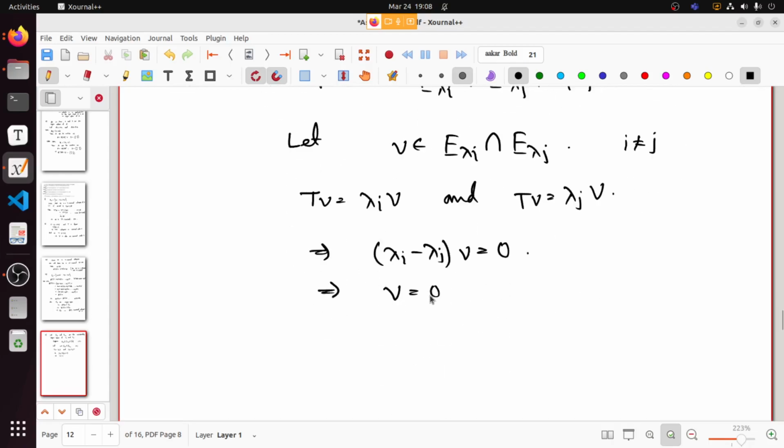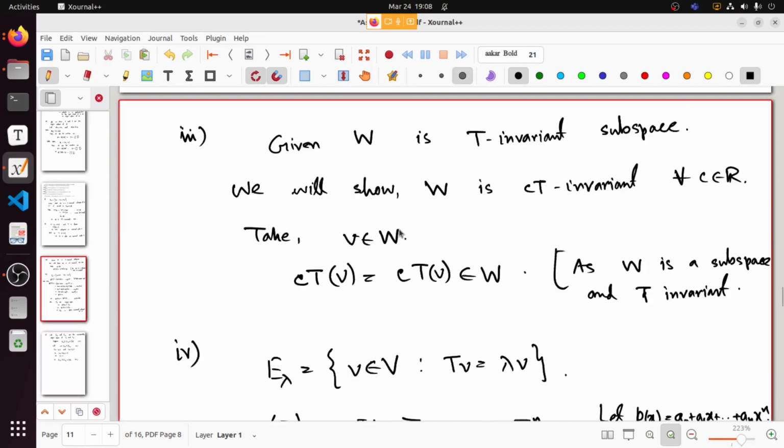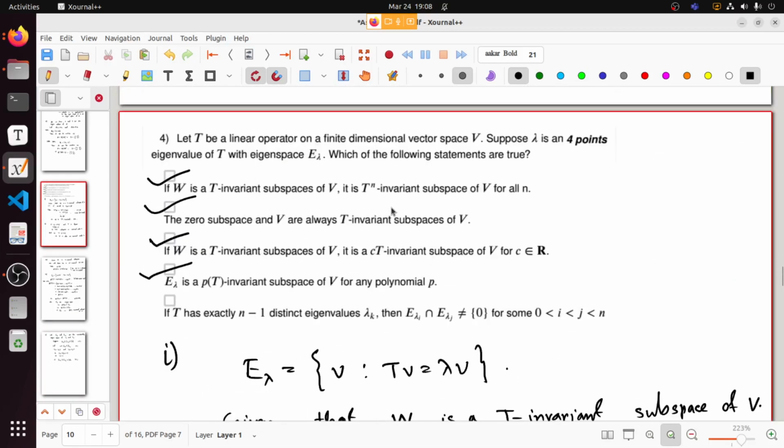So they are disjoint, which implies E lambda i intersection E lambda j is trivial, means disjoint, for i not equal to j. So option number 5 is false. They cannot intersect; for distinct eigenvalues, the eigenspaces are disjoint.